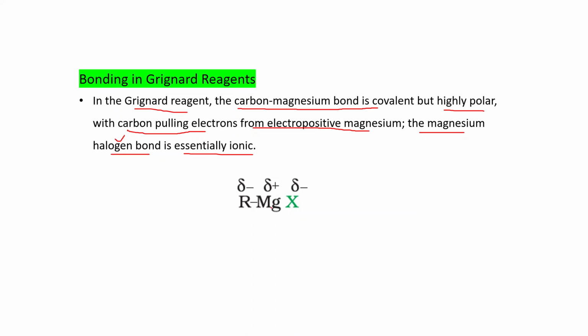You can say this magnesium halogen bond is essentially ionic, while this one involves the carbon of the alkyl group. The bond between this carbon and this magnesium is polar, because carbon is more electronegative than magnesium and it pulls this electron pair towards itself. That's why it acquires the partial negative charge. Okay.